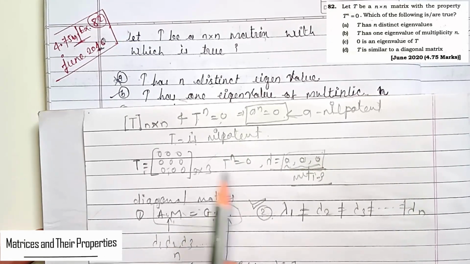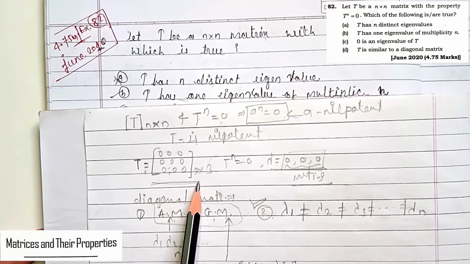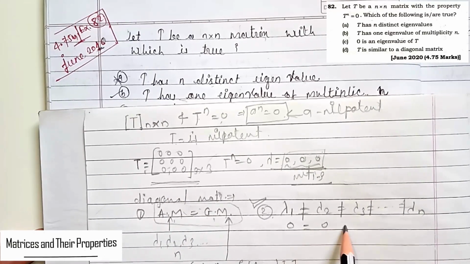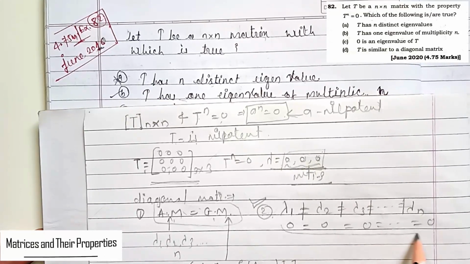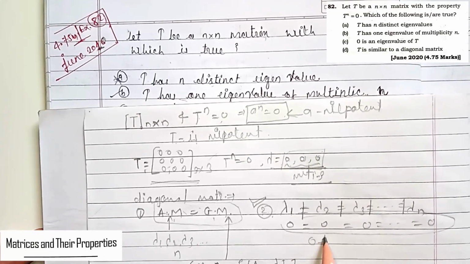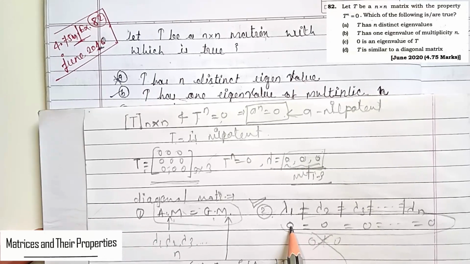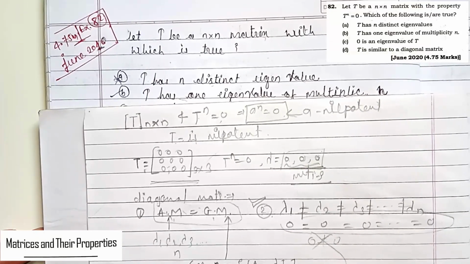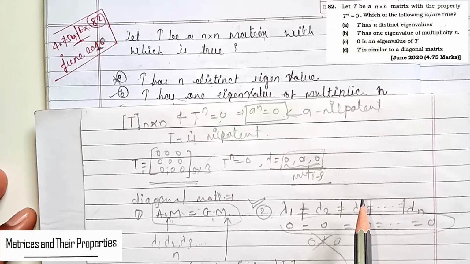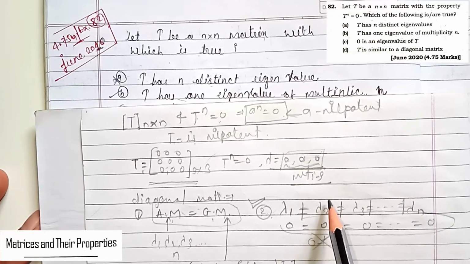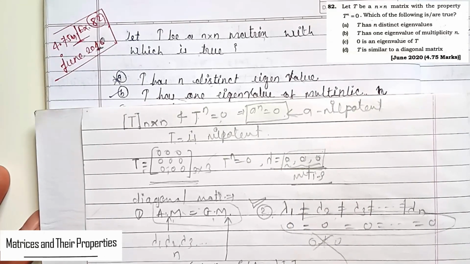But here in our matrix, we consider a nilpotent matrix, which has all eigenvalues equal to 0. So all are 0. So we cannot write 0 not equal to 0. This is not possible. So if all eigenvalues are 0, then we say that our matrix T is not a diagonalizable matrix.